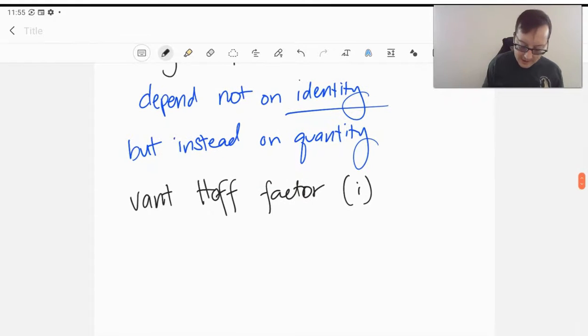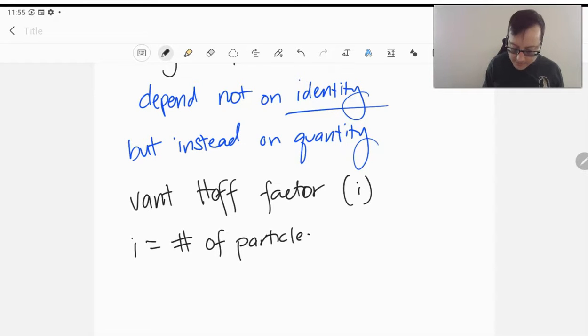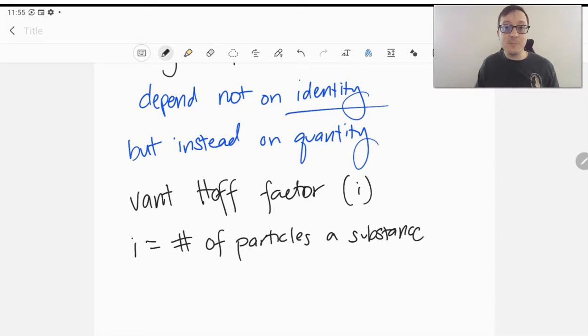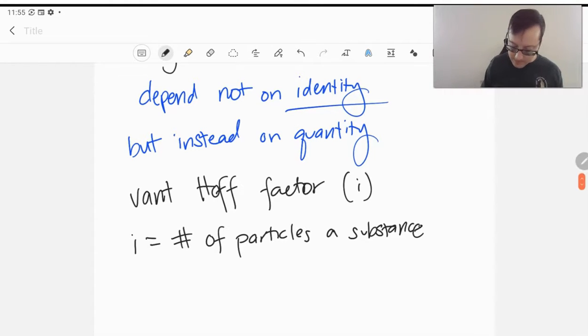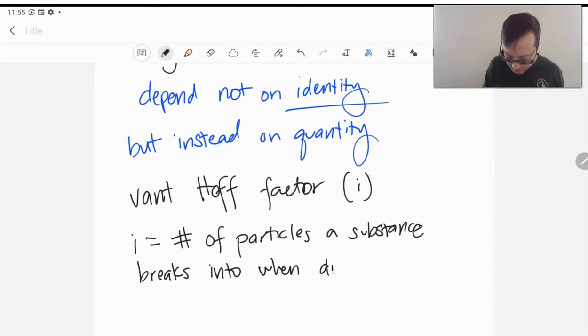And i is simply the number of particles a substance produces in solution. And we're going to see that that really just means it's related to what type of electrolyte your substance is, and what it breaks into when dissolved.